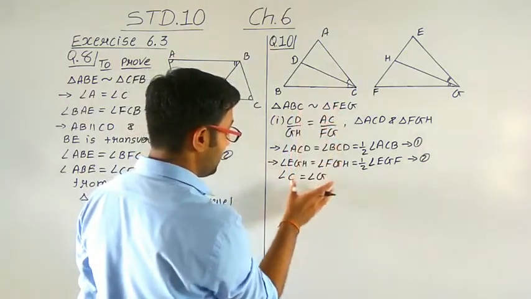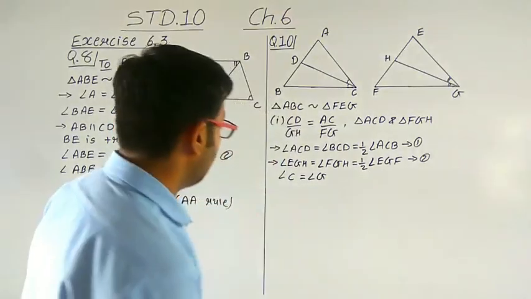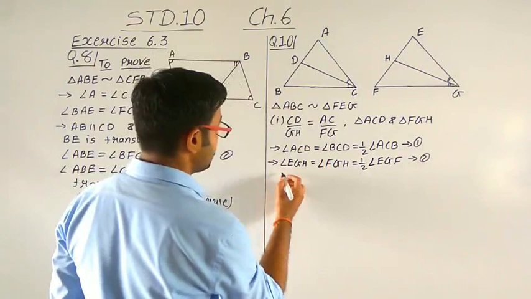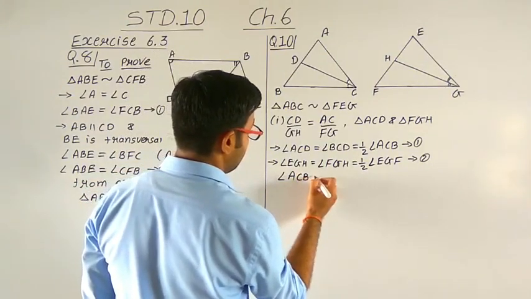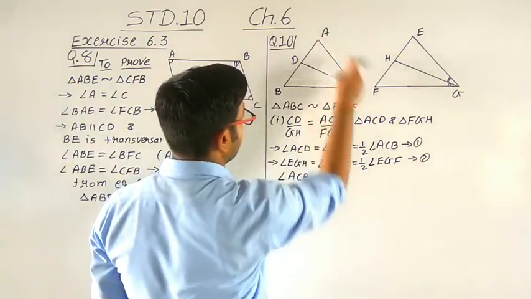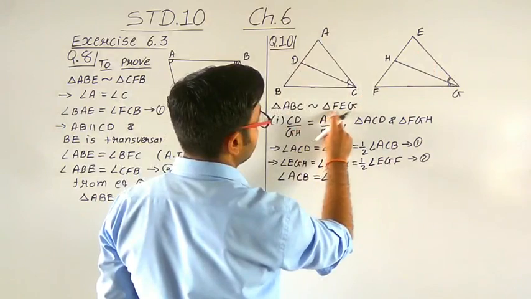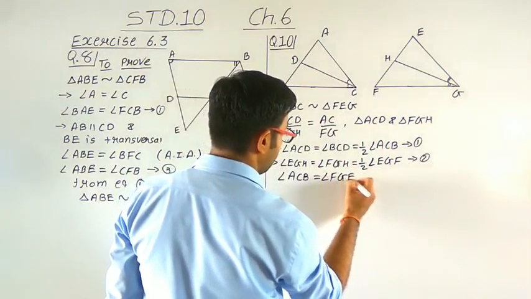Or in extended form we can write that angle ACB is equal to angle FGE.